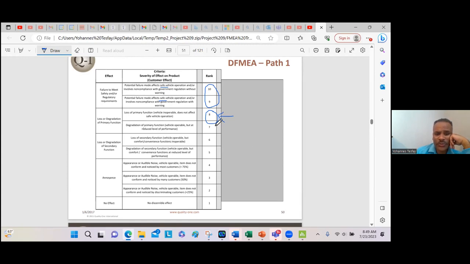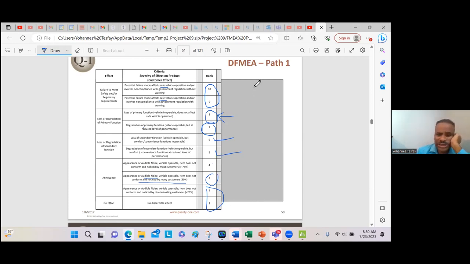And degradation of primary function is going to be 7. Loss of secondary function 6. Degradation 5. Okay, appearance or noise or whatever, that's going to be 4. Appearance, the audible noise that is not noticed by any customer, that's going to be 3. And those 2 are very small impacts.